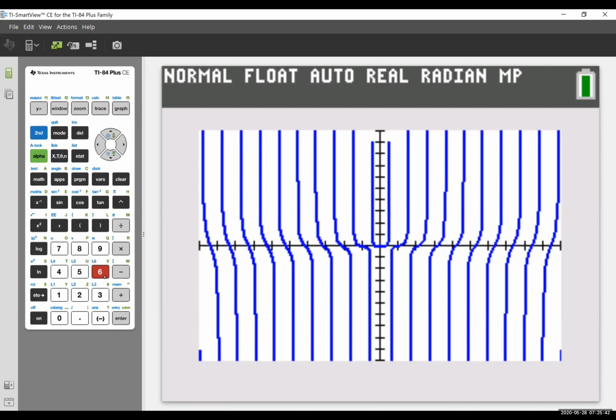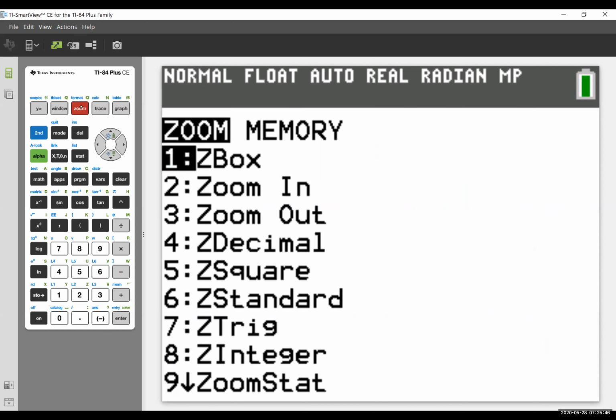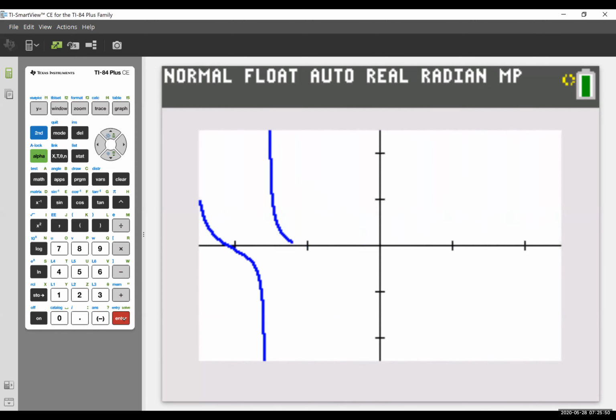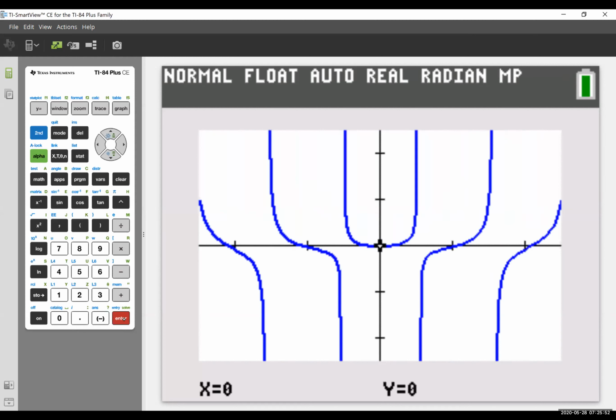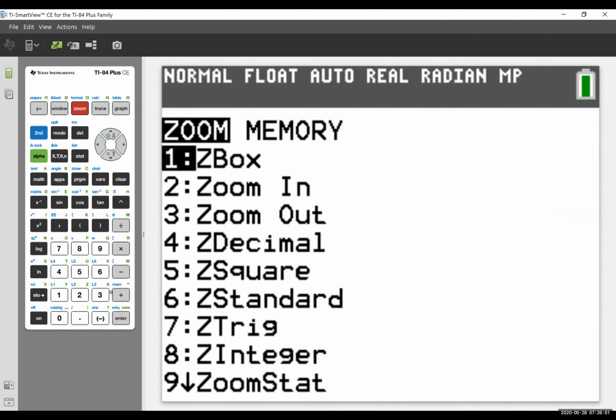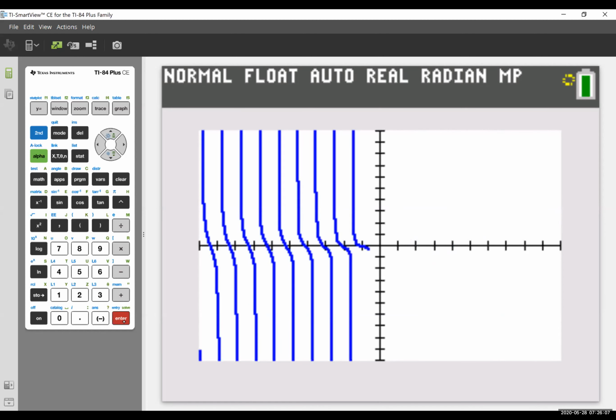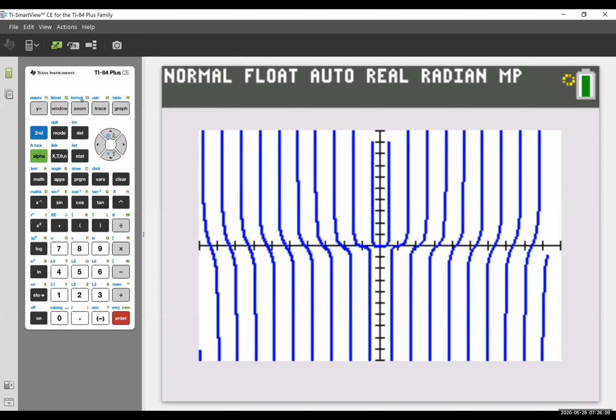And so we want to look a little bit closer. We can zoom in. I want to see around 0 what's going on. Zoom in a little closer. I keep zooming out.